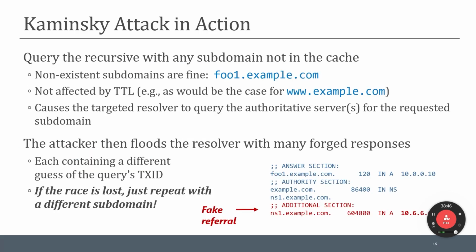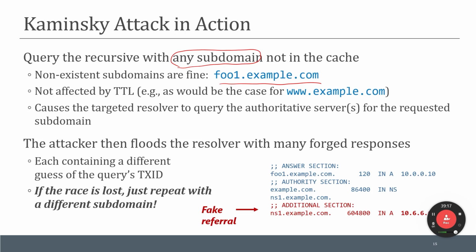So look at this. It's not that difficult. The first thing an attacker does is query the recursive server with any subdomain that is not in the cache, say foo1.example.com.